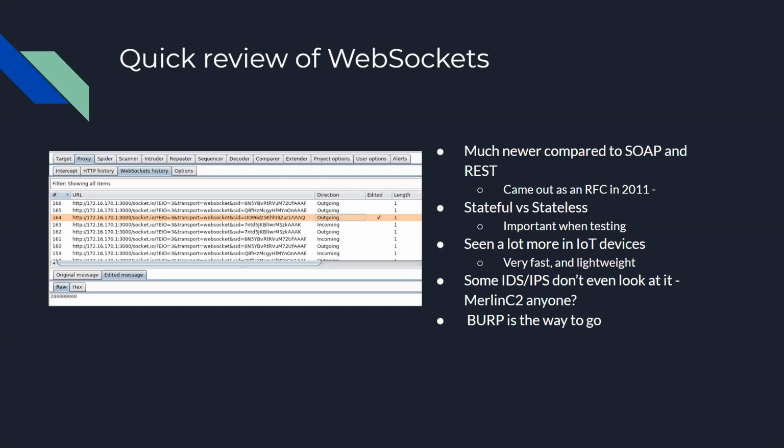So it's one you definitely need to take a look at, especially when you're working with IoT devices. Going back to a lot of the larger organizations like Azure and even Amazon, they are using WebSockets just because it is a much lighter weight protocol, and it is a lot faster.